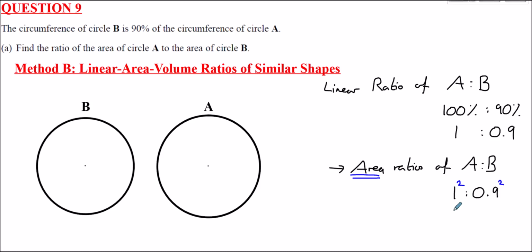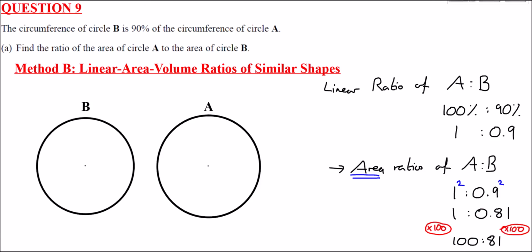So that gives us 1 to 0.81, and then if we multiply both sides by 100 to get them both into integers, natural whole numbers, we again will arrive at 100 to 81.